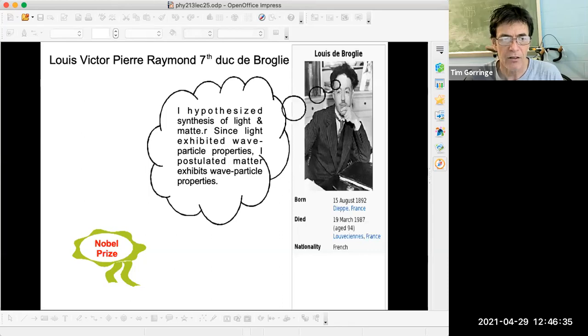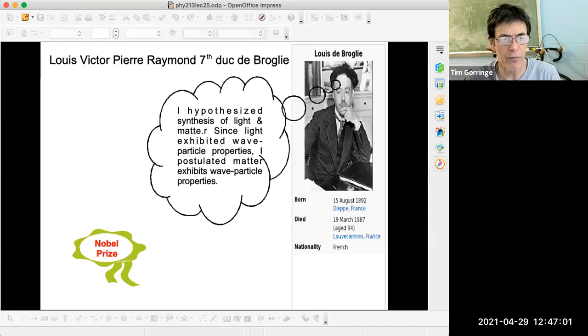that just like light has wave and particle-like properties, de Broglie's hypothesis was that particles also have wave and particle-like properties. And so it was kind of a synthesis of how we think about light and matter.